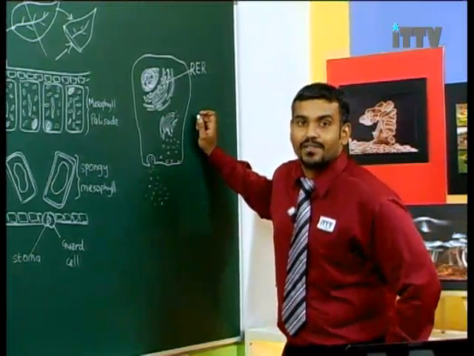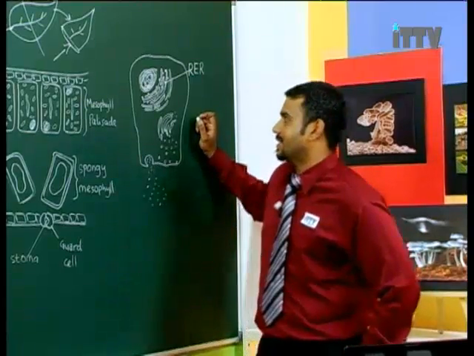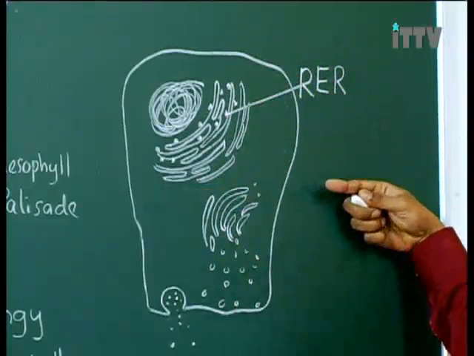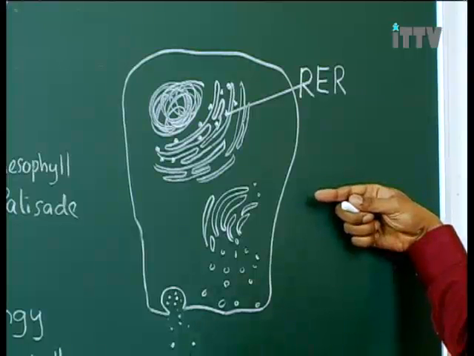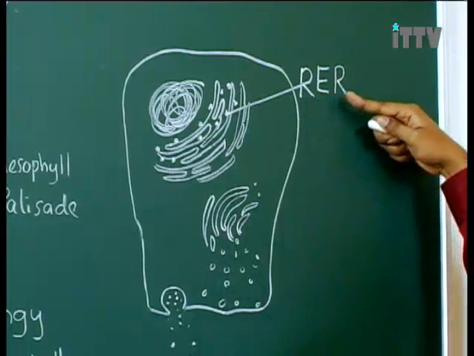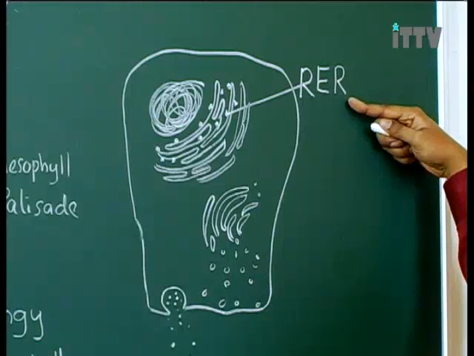Very good. Where can I find pancreatic cell? In the organ called pancreas. Awesome, guys. Now look. In a pancreatic cell, we can find large quantities or high density of RER. Once again, students, what is RER? RER is rough endoplasmic reticulum.